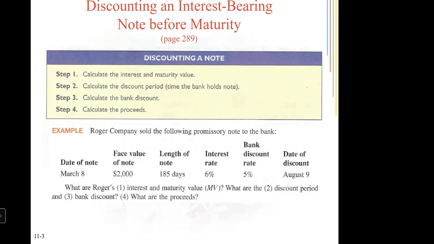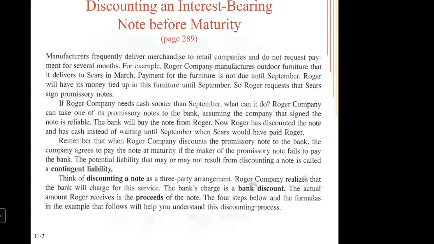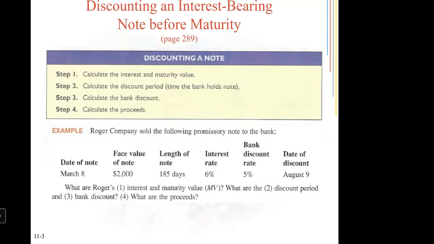So we have an example using the same company that is mentioned in the first slide. All right, so they got a note on March 8th, and the face value is $2,000. So they owe $2,000.